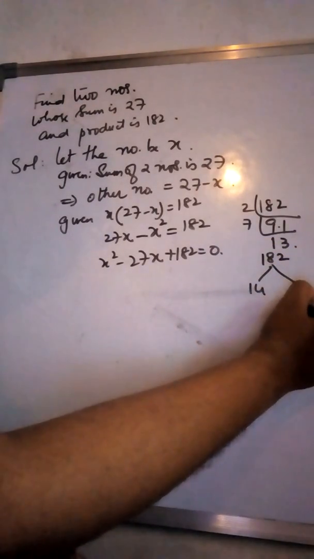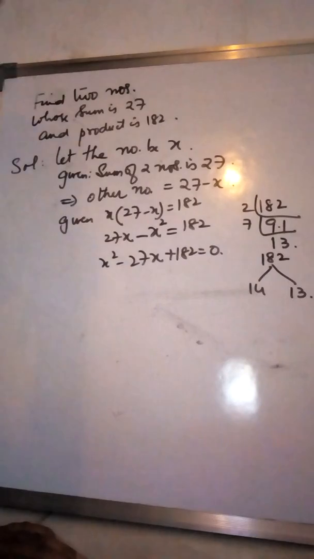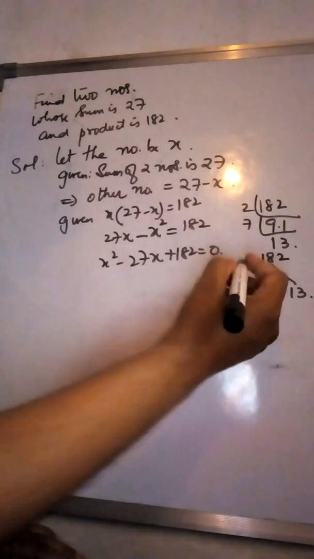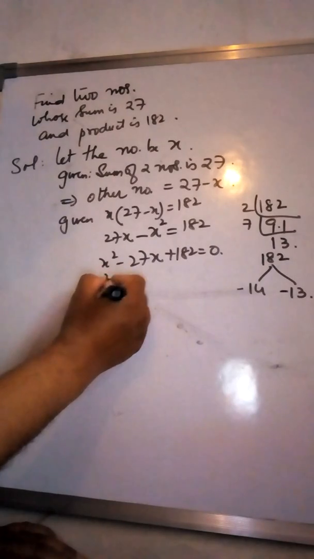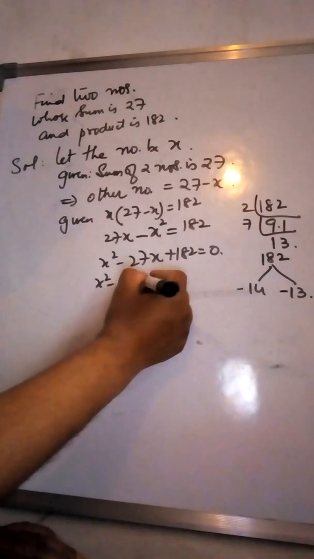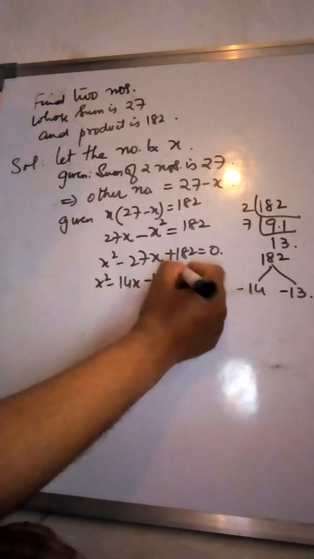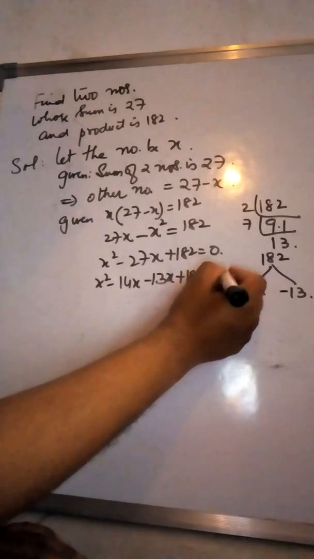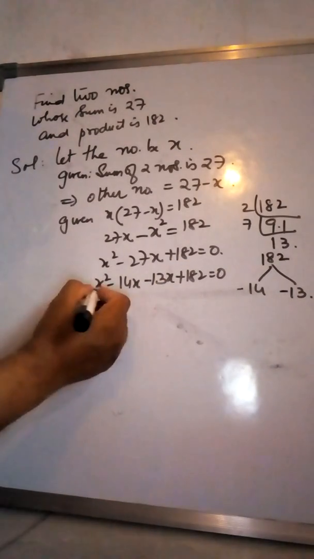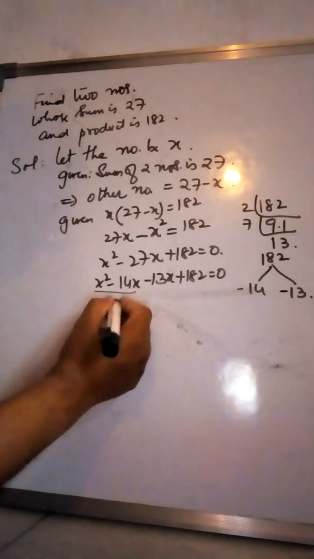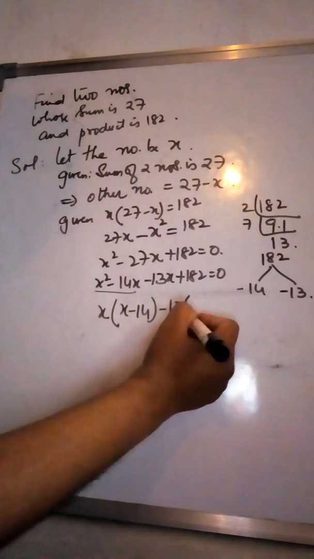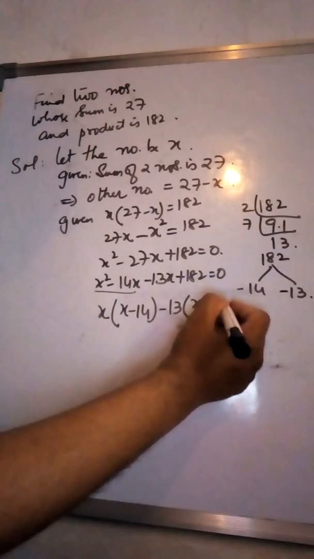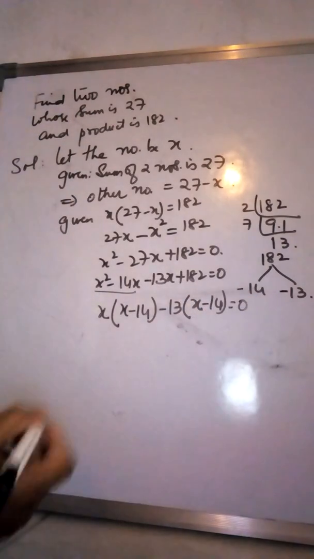14 and 13. Right? Since we have to add them, both should have a negative sign. So it will be x square minus 14x minus 13x plus 182 is equal to 0. In the first two terms x is common, so I'll have x minus 14; in the next two terms 13 is common, again x minus 14 is equal to 0.